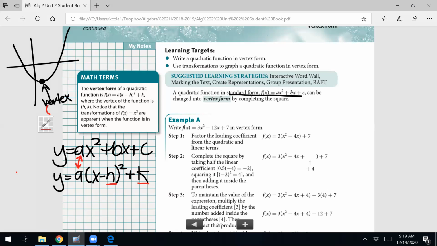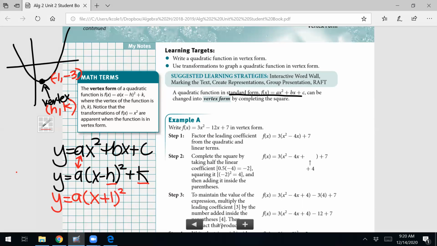h, comma, k. So if your vertex is located at, we'll say, (-1, -3), what you would do is plug in y equals a(x minus h), so minus negative 1. So instead of writing minus negative 1, I write plus 1, squared.